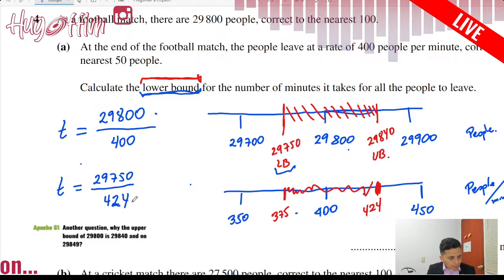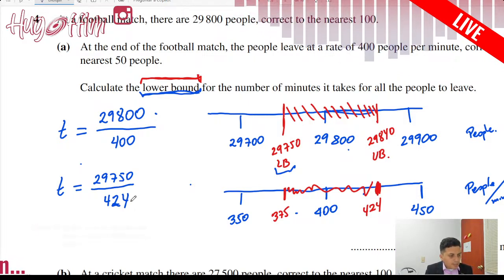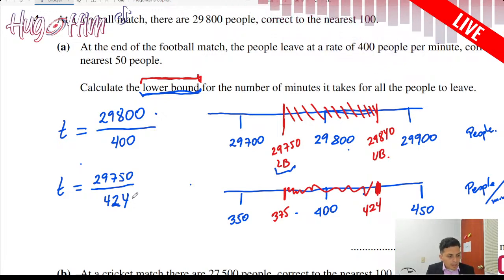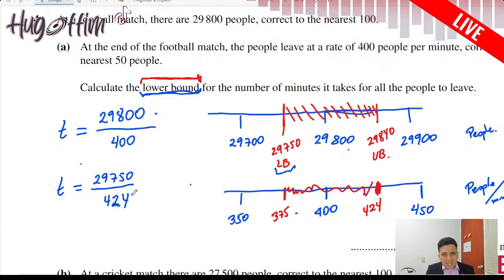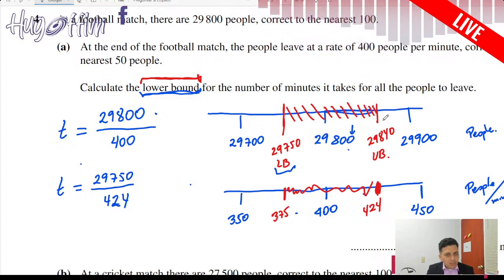Why is the upper bound of 29,800 equal to 29,849 and not 29,849.99999? Because the number is rounded. As the number is rounded, I don't need to put a 9 here, because it's not possible for me to see this difference.